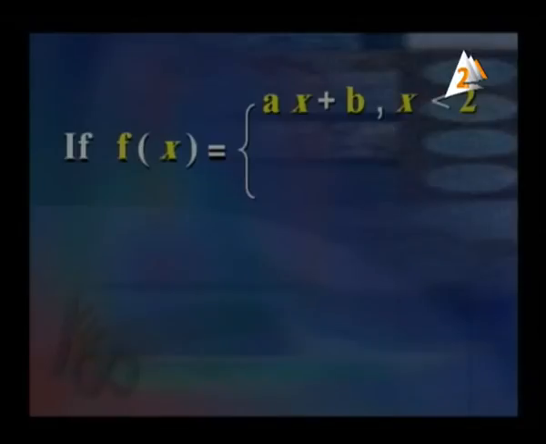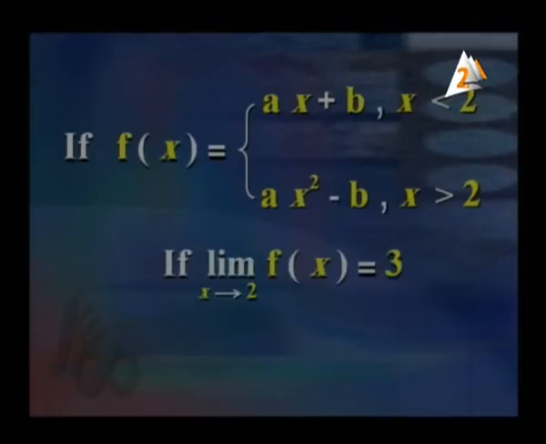Dear student, look at the important example. f of x equals ax plus b when x is smaller than 2, and ax squared minus b when x is more than 2. If the limit of f of x when x tends to 2 equals 3, then find the value of a and b.